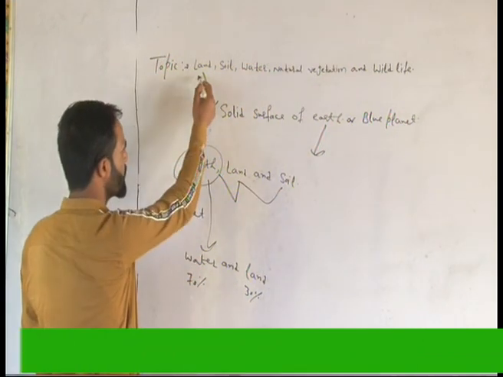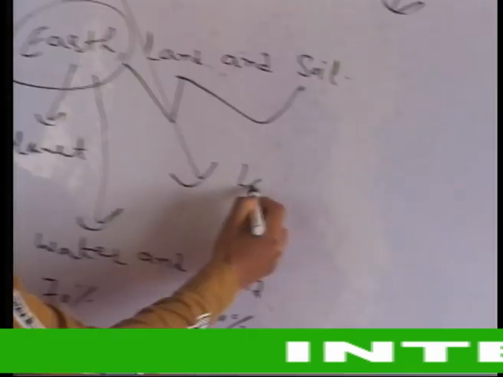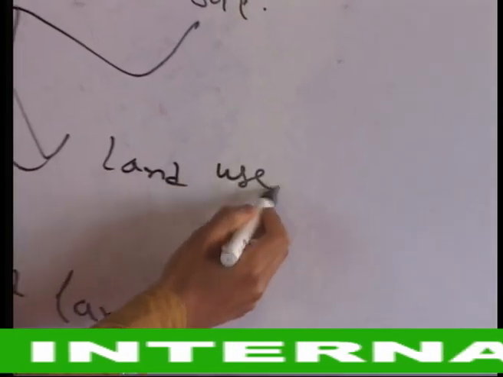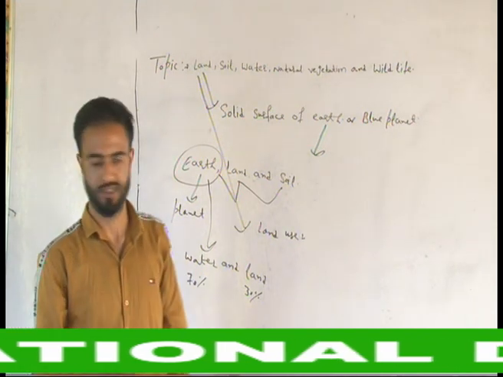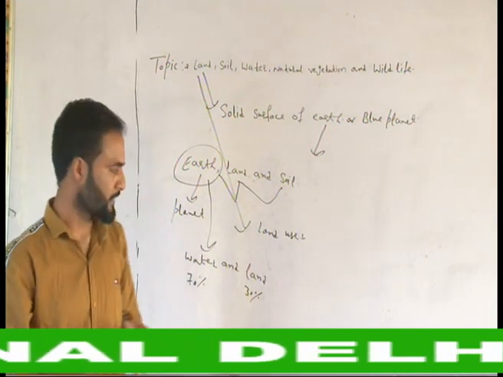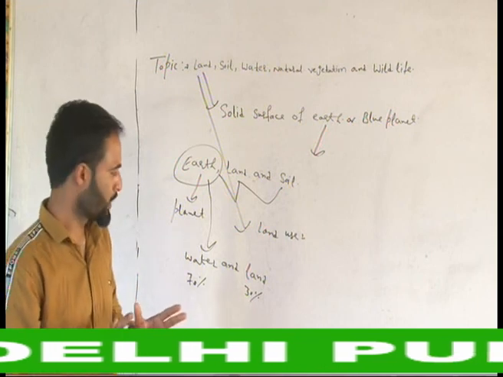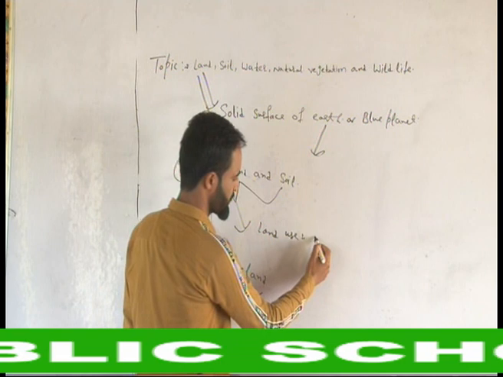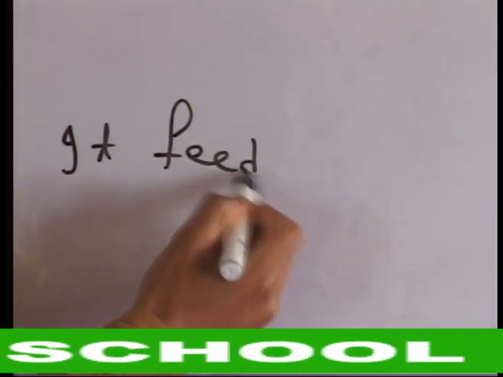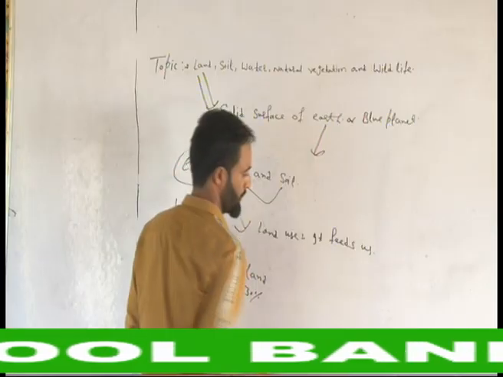Second one is land use. We use this land for multiple purposes. The first use of land is that it feeds us. How?